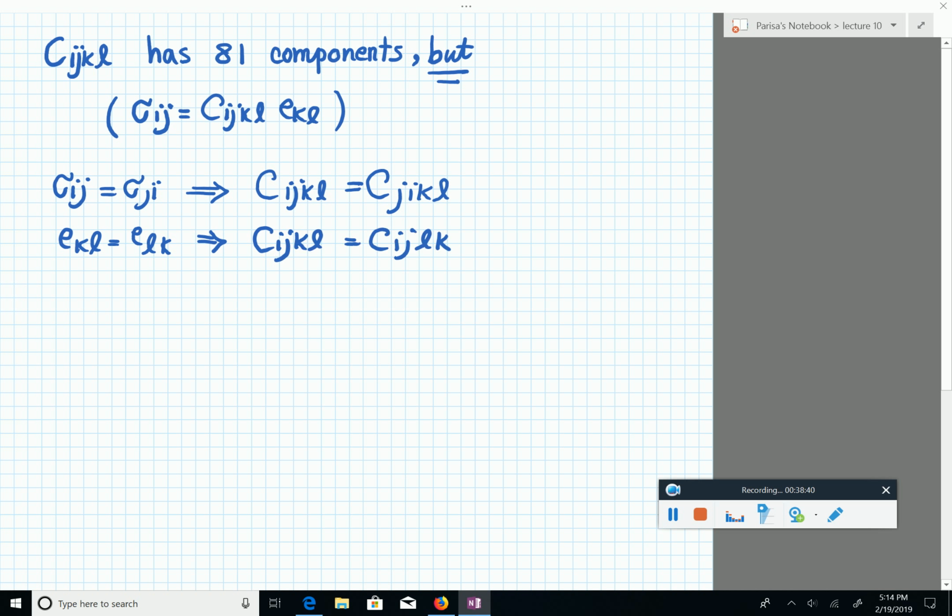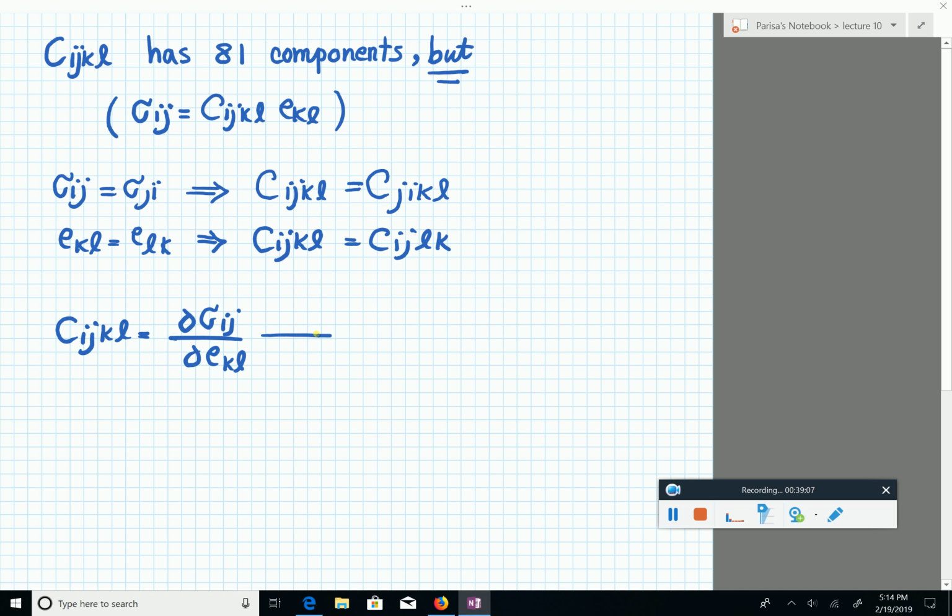I hope it's like that. There's another symmetry which is not as obvious, and that's why I defined the strain energy. So if we go back, you can think about the elasticity tensor as the derivative of a stress with respect to a strain, right? This is something you are familiar with.